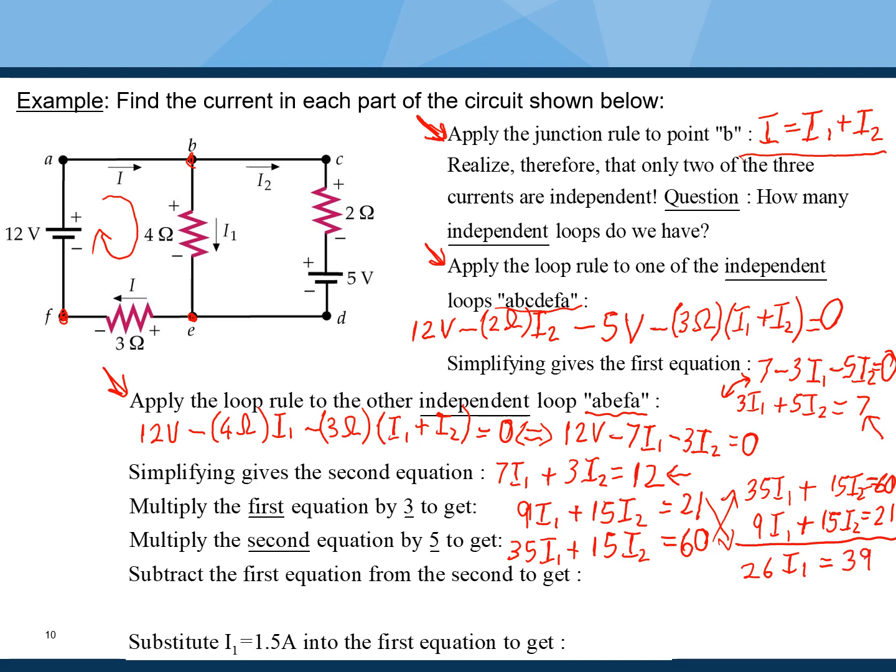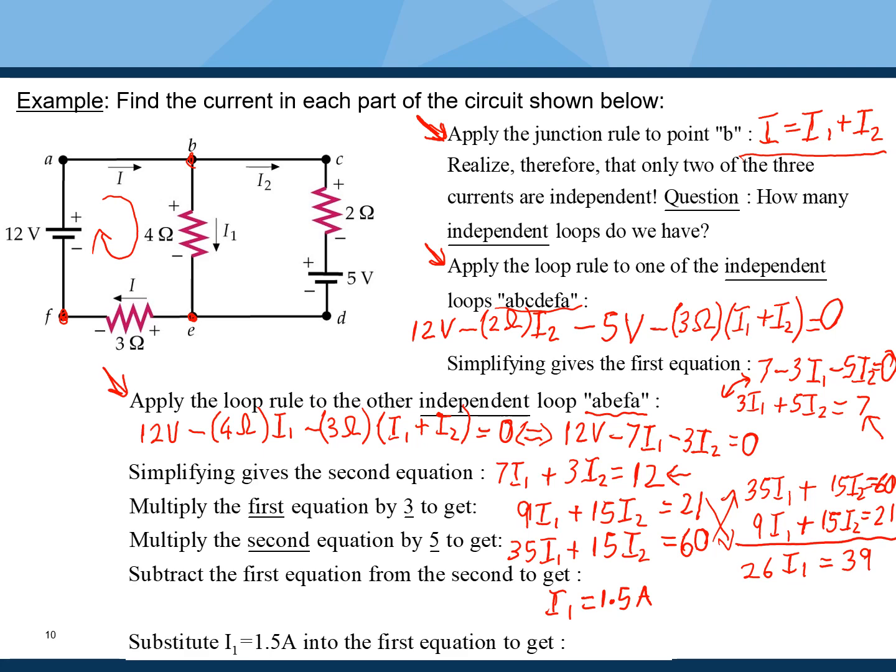39. So 26I1 is equal to 39. So I1 is equal to 26 over 39, I'm sorry, 39 over 26, which is equal to 1.5 amperes. Having obtained I1, I can stick I1 into any one of these equations.